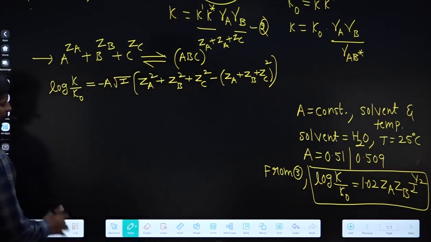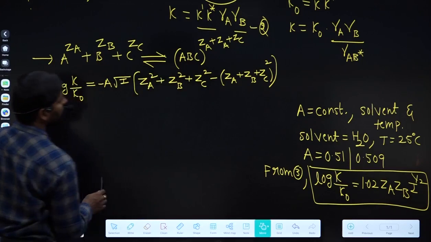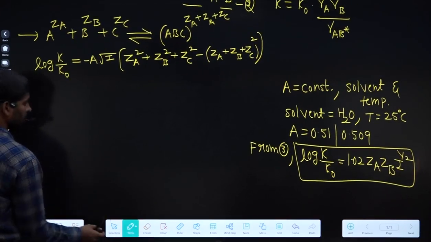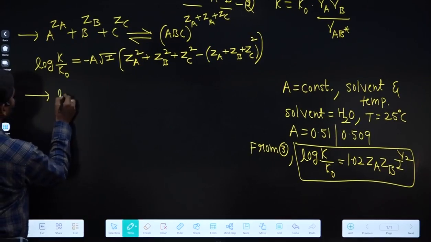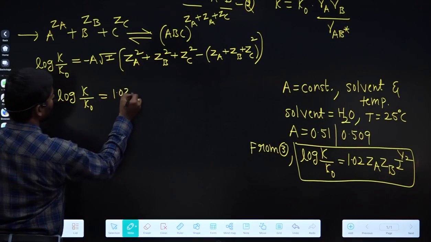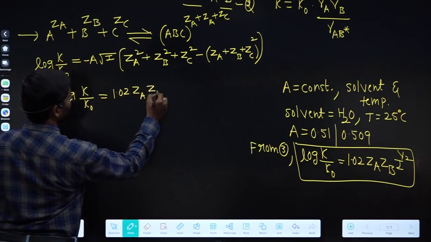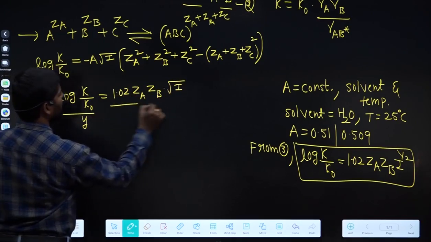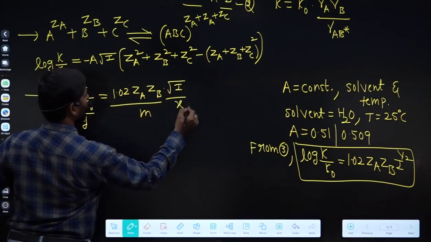Okay, so if you see the final equation we got, log K by K naught is equal to 1.02 ZA ZB root I. This is in the form of what? Y is equal to mx.